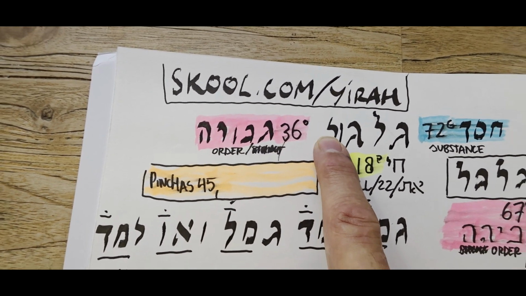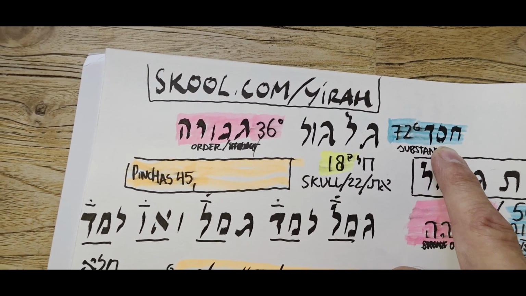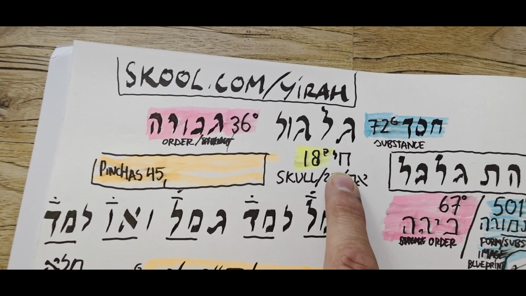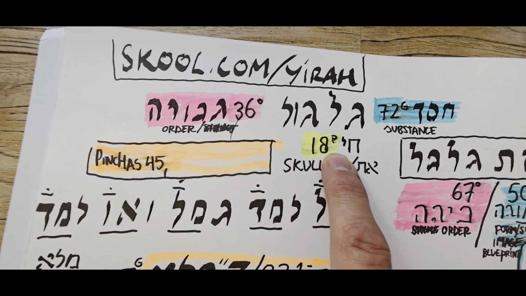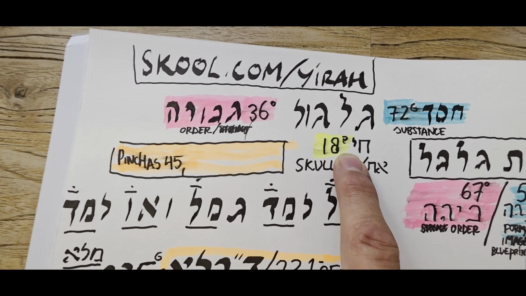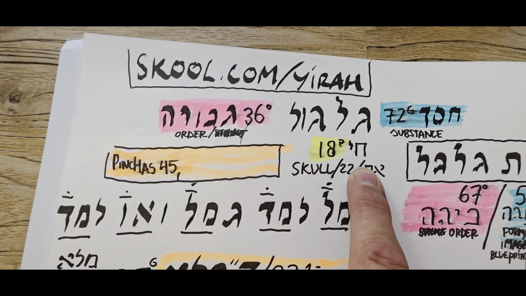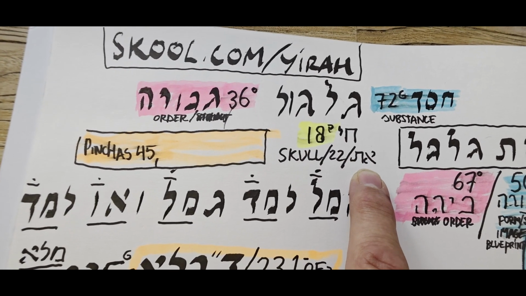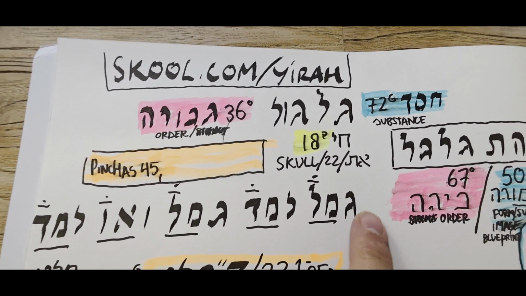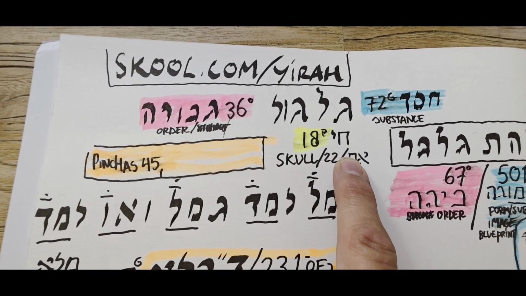Gevura gives that order. So that system of order to the substance. And then the Katan value is 3 plus 3 plus 3 plus 6 plus 3 is 18, which is Chai. And we'll see that the Chayot are greatly involved here in the writings. Chai, right?